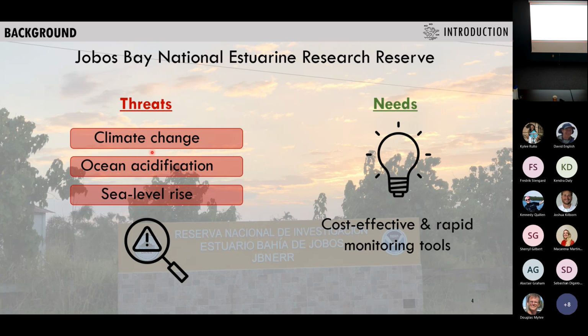With that in mind, they are looking for cost-effective and rapid monitoring tools that they can apply to their management plan in order to better understand their coral reefs, mangroves, and the bay itself.